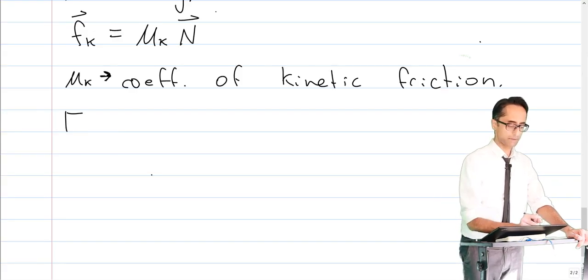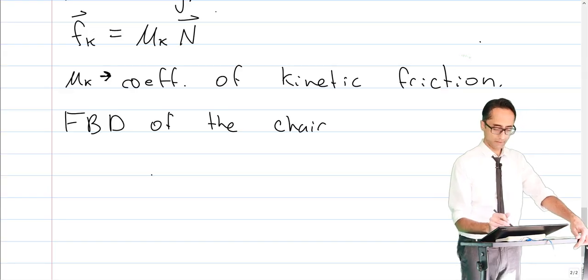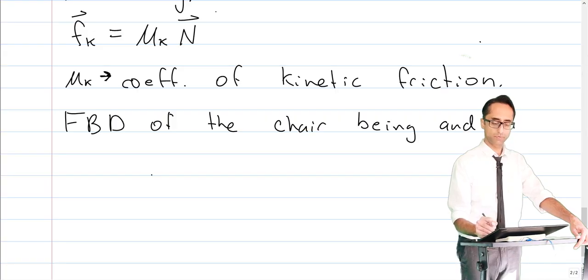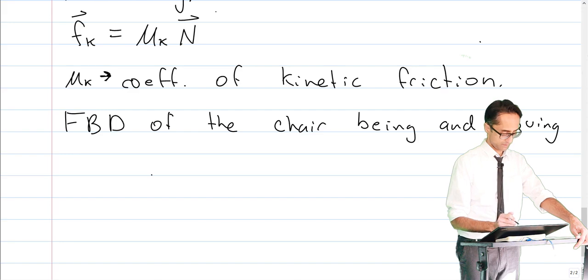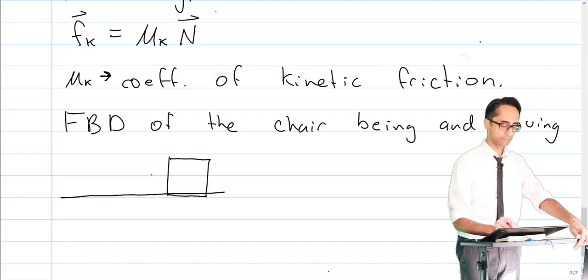So free body diagram of the chair being pushed and moving. Well, it looks exactly the same, except we change where we had our static frictional force into our kinetic force.